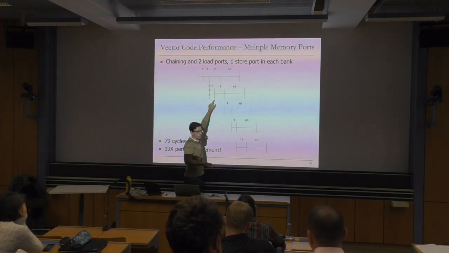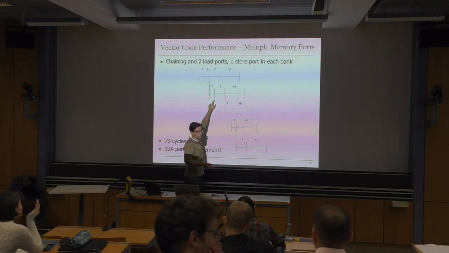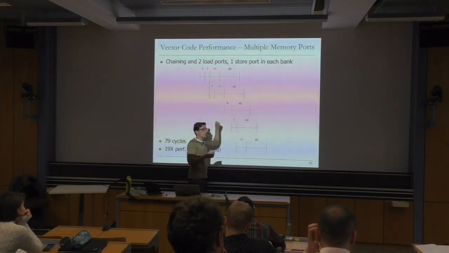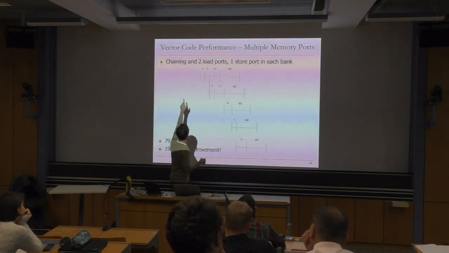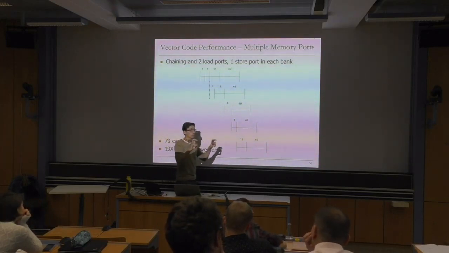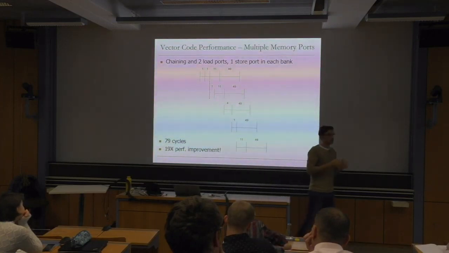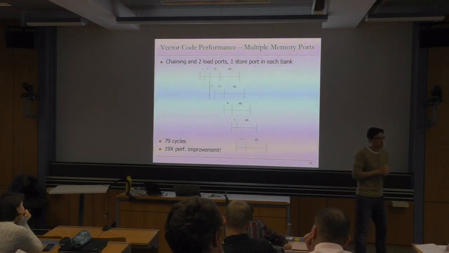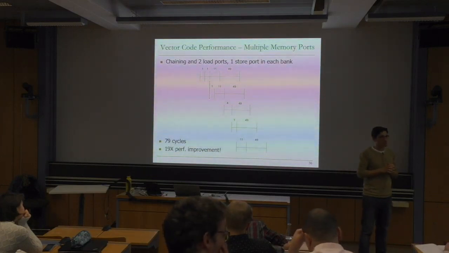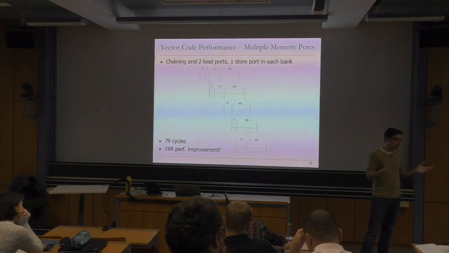You're generating addresses for A and B. We have 2 load ports, so now you can assume that you can generate the addresses at the same time. Then why do we have the wait? Because of the data bus and the address bus.